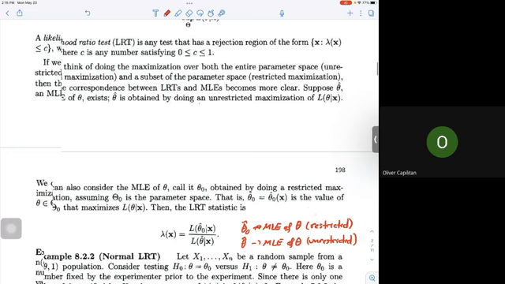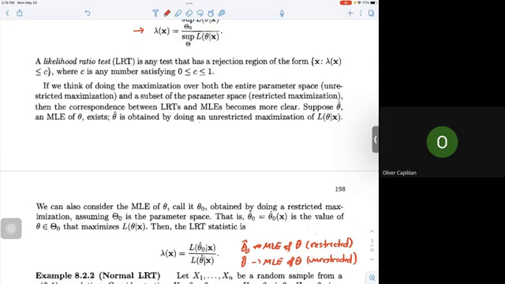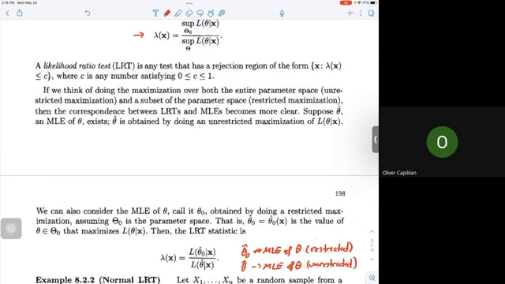So looking at the two, the formula in our definition and this remark, we can use the first formula if we do not know the maximum likelihood estimate for our likelihood function.